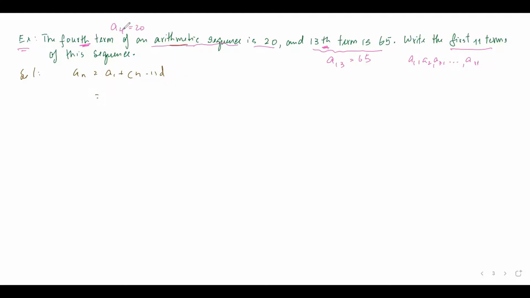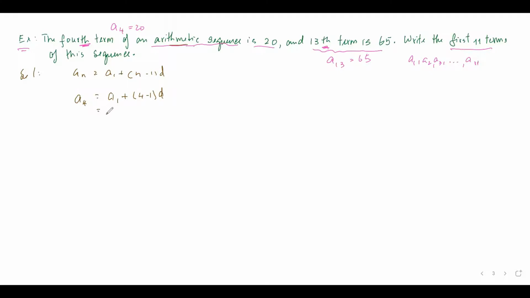Because we know A4, you replace n with 4, so it becomes A4 equals A1, which is unknown, plus (4 minus 1) times D. D is also unknown.